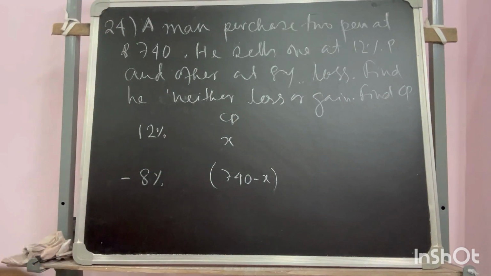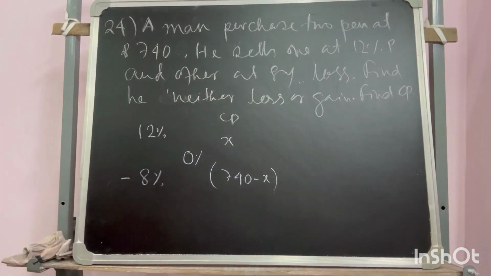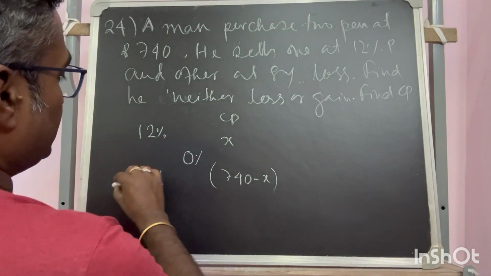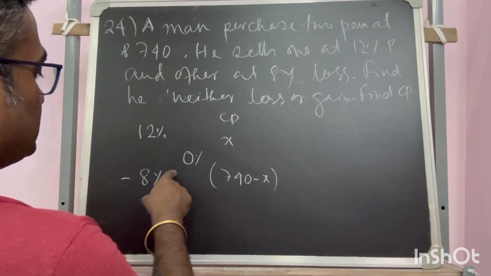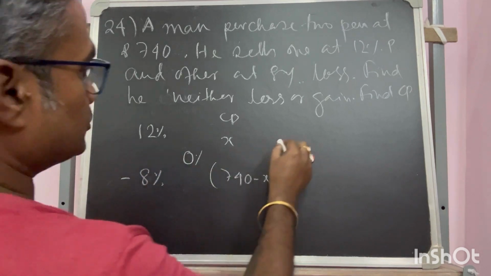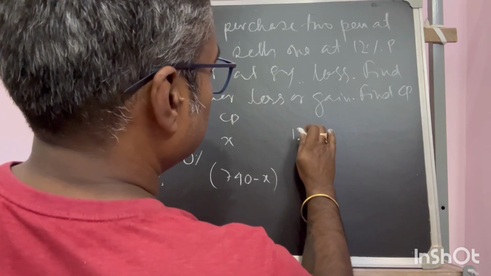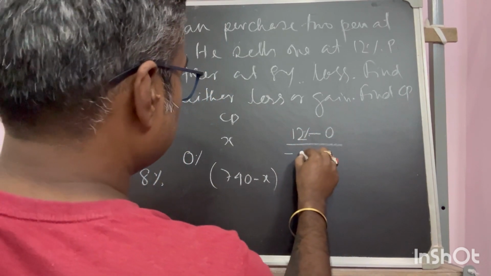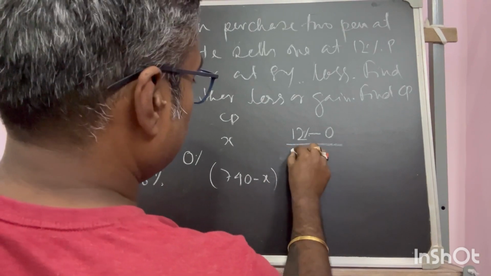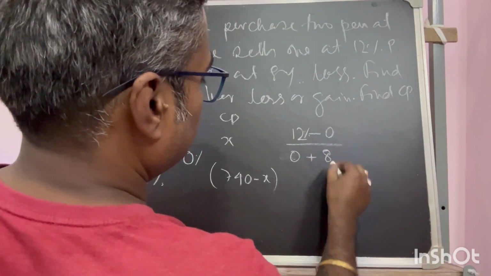So the overall gain or loss is equal to 0%. Earlier I have seen in some problems this kind of method, where 0% is more than this and less than this. So I have to make 12% minus 0%, divided by 0% minus of minus 8, so that will be 0 plus 8 ultimately.